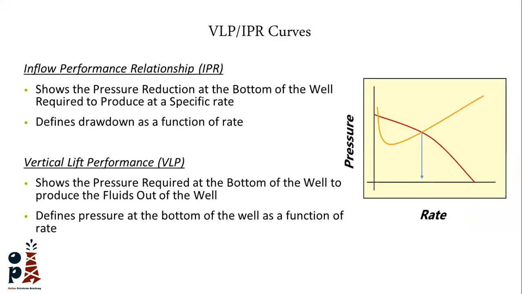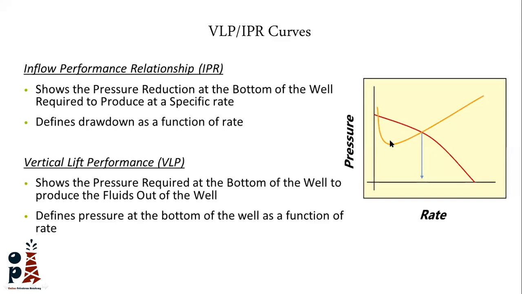So this is a relation between the pressure and the rate. This curve, which is the inflow performance relationship, shows the drawdown as a function of the rate. It means as I increase the drawdown, I get more rate, and we will get to this later.